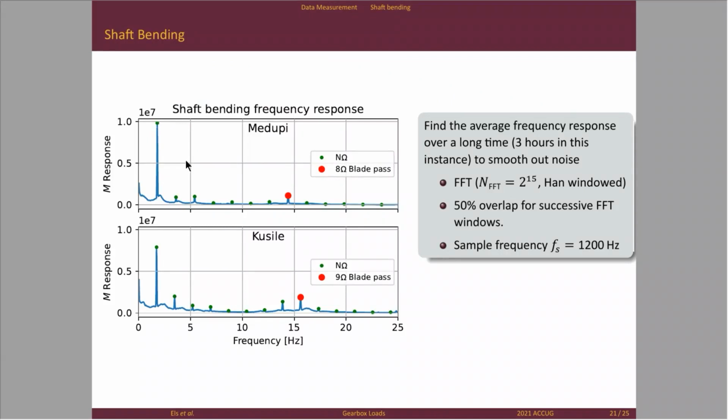I think it's an uneven air inlet into the fan that you typically see there. So the whole disc of the fan is bending constantly in one direction. This is what you mostly see. It's not so sensitive for blade pass at 8 times the multiples, and 9 times for Kusile.